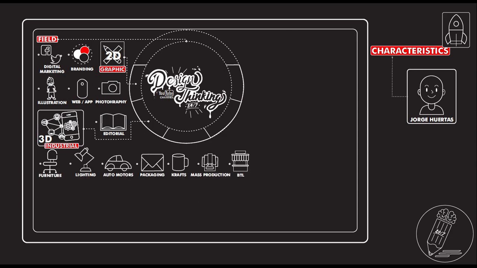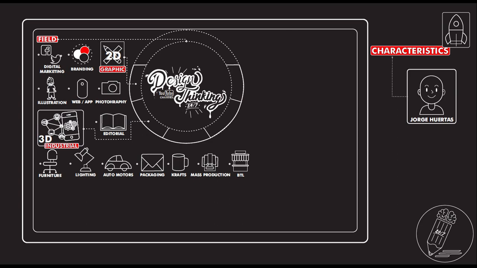We have all the furniture development, all the lighting development, and automotors, which is extremely big because we have cars, motorcycles, ships, airplanes, everything you can imagine that has a motor. We also have packaging, crafts, everything that is mass production. If you have that, it means that it's part of the development.